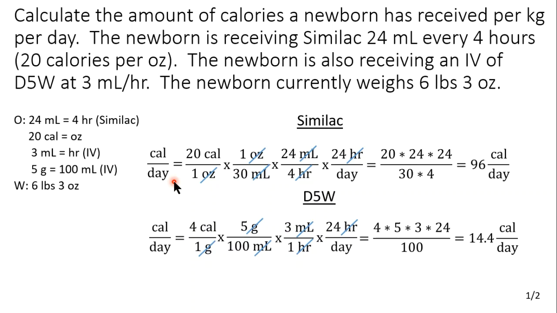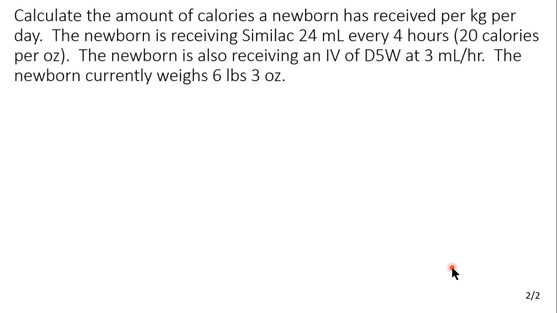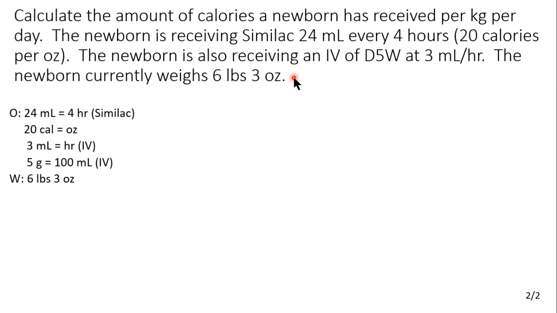Our question is, calculate the amount of calories the baby has received per kilogram per day. So our total calories are 96 plus the 14.4, which is 110.4 calories per day. Now, since we want it per kilogram, then we use the weight of the baby, but we need to convert those 3 ounces into pounds to have a single number.